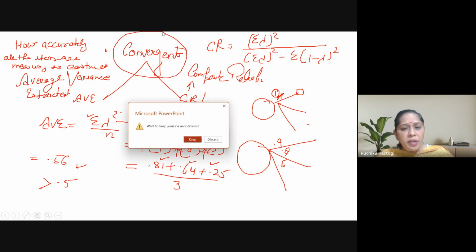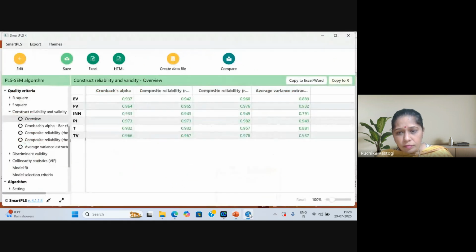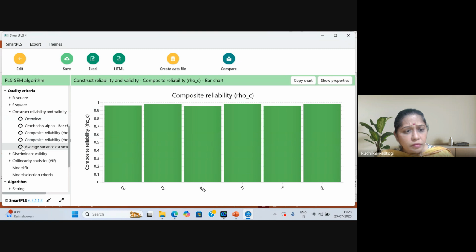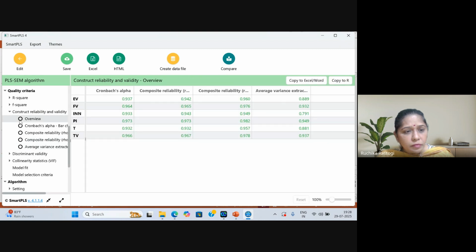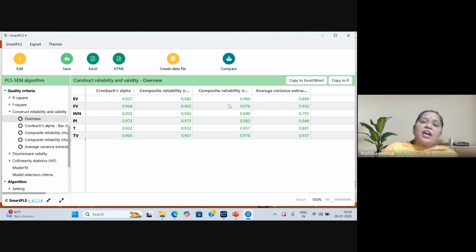Now, going back to the software, are you able to see the value of AVE, everyone? Is it more than 0.5? Yes. And the value of CR also.